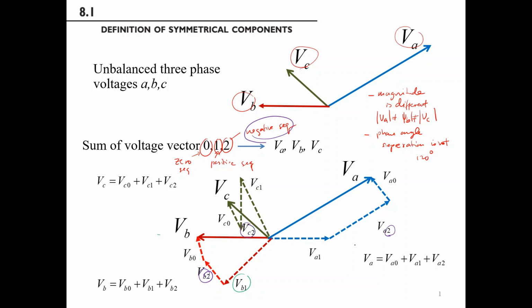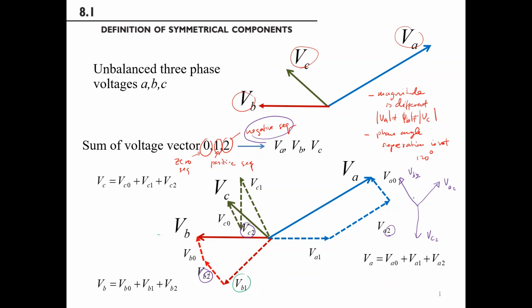If you see these three vectors, let me draw this vector here. VC2 points down here, and VA2, and VB2 is pointing in this direction. So this is VB2.